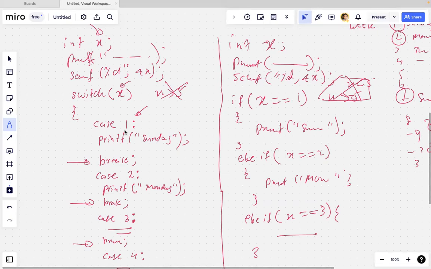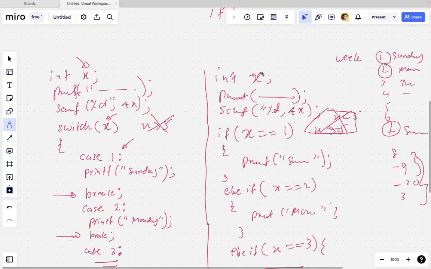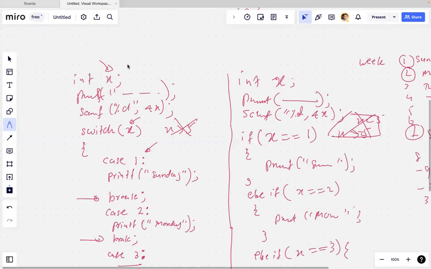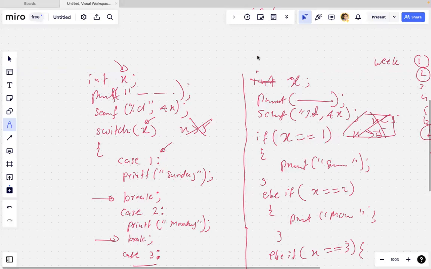That means floating point numbers are not allowed in the switch case. That means this x variable cannot be a floating point one. That means int is okay. Let's say here you can provide this one as a float also. Float x.